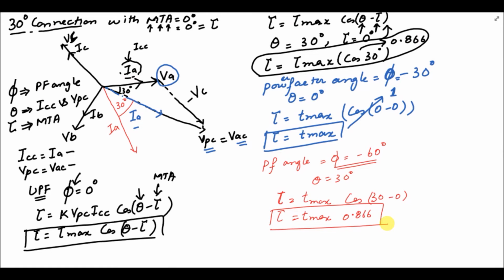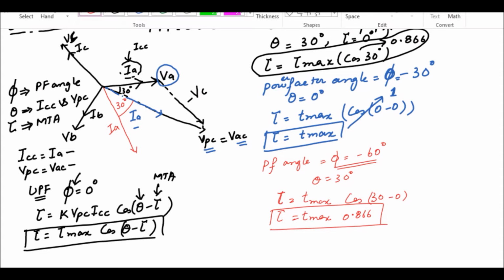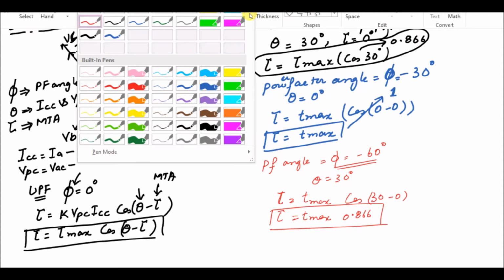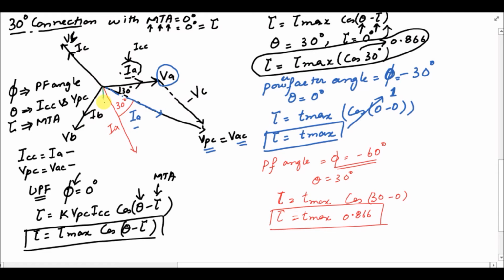Similarly, if I have to find out the value of the torque at 0 power factor angle, which is this one, when the angle between the voltage VA and IA will become equal to 90 degree, this is known as a 0 power factor angle.